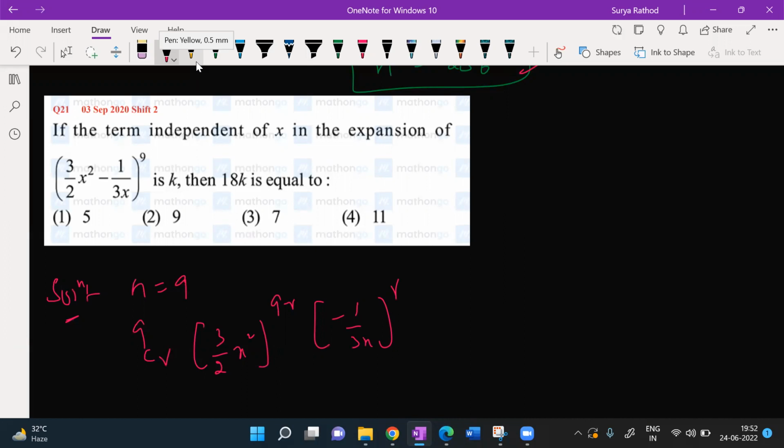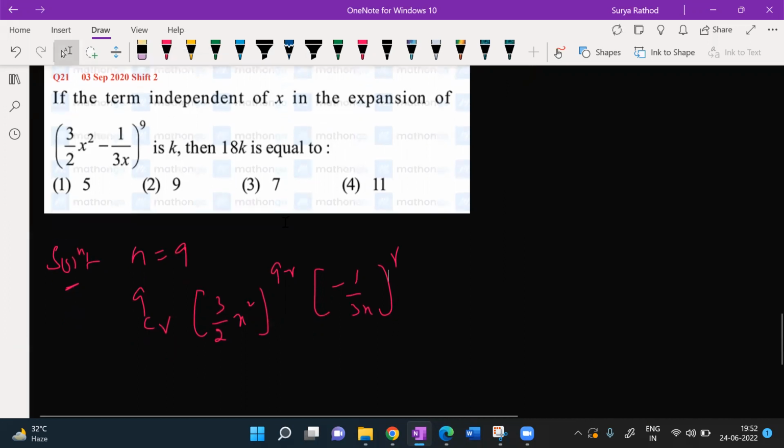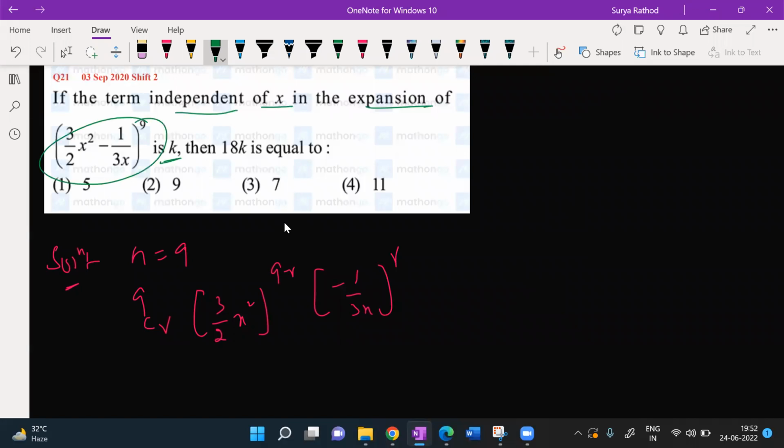Now solve this. If the term independent of x in the expansion of this is equal to k, then 18k is equal to what? How simple it is. Now can you solve, Renuka? I gave a hint, right?